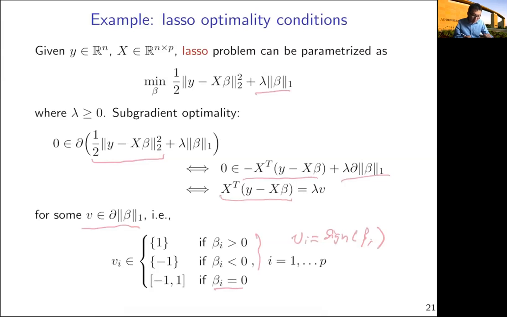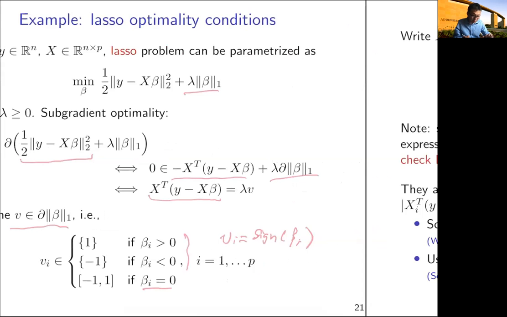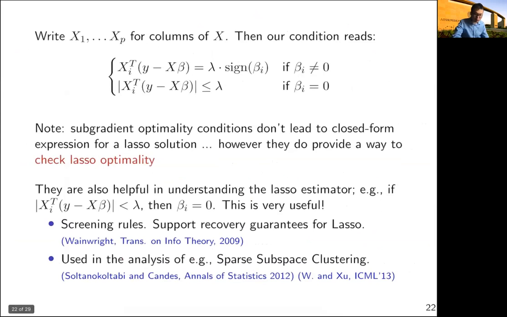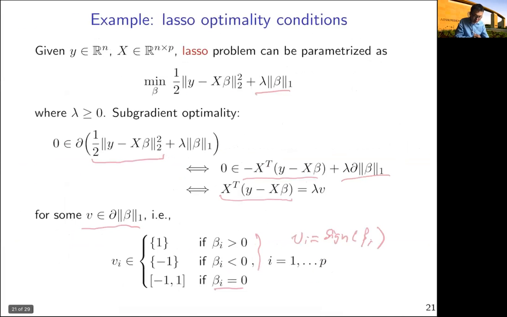So the question is whether we can certify that a beta is optimal by finding whether there exists a particular v that satisfies these conditions. When we write it down in full, the condition that there exists a particular v such that X transpose (y minus X beta) is inside this set can be evaluated for every coordinate separately.